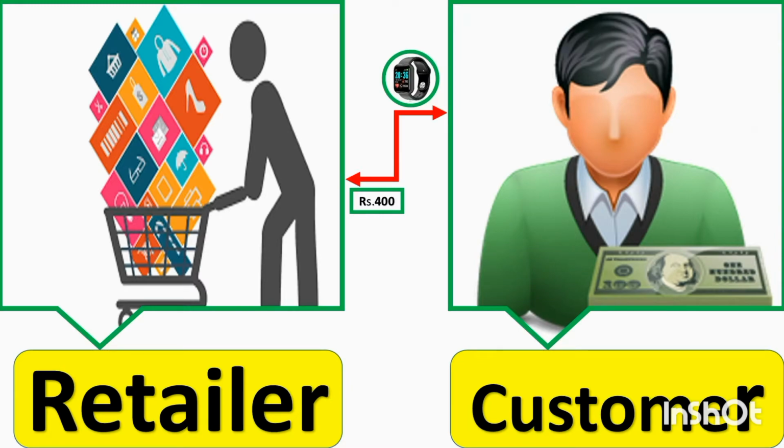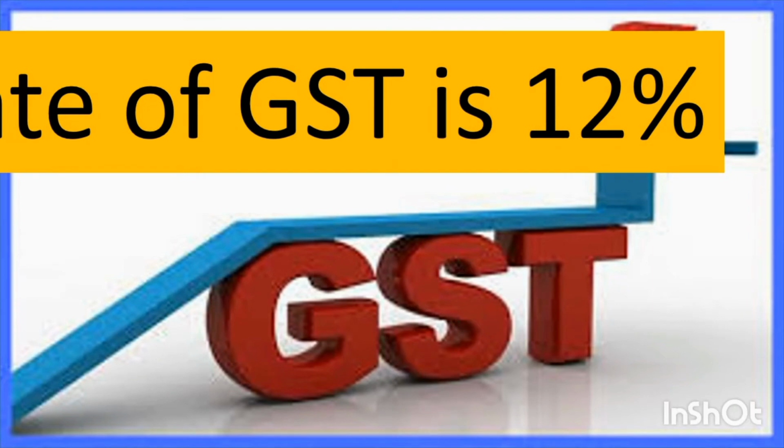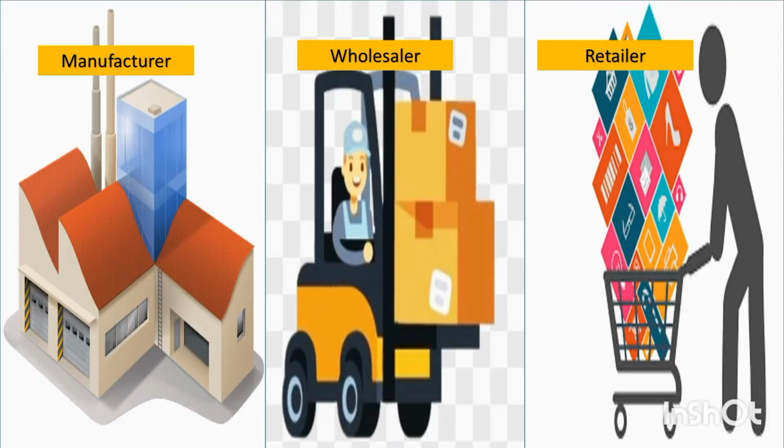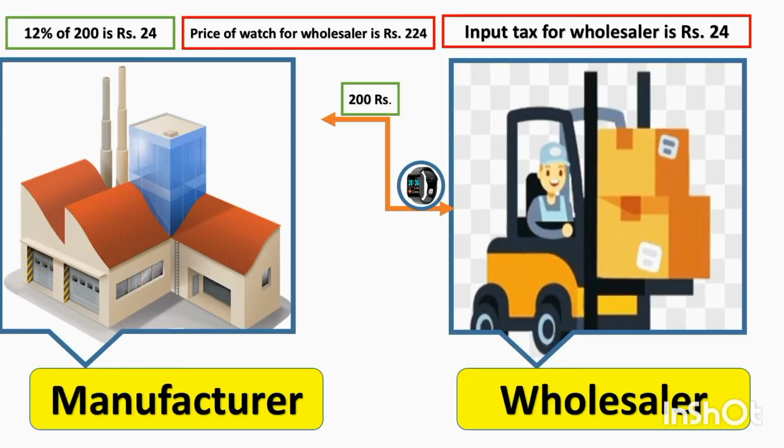The rate of GST charged at every stage is 12%. Then how each trader pays GST and takes his input tax credit at every stage of the transaction is shown in this chart. Let's study the chart.